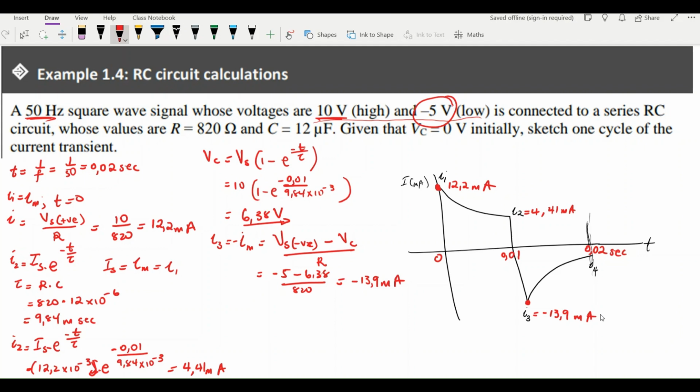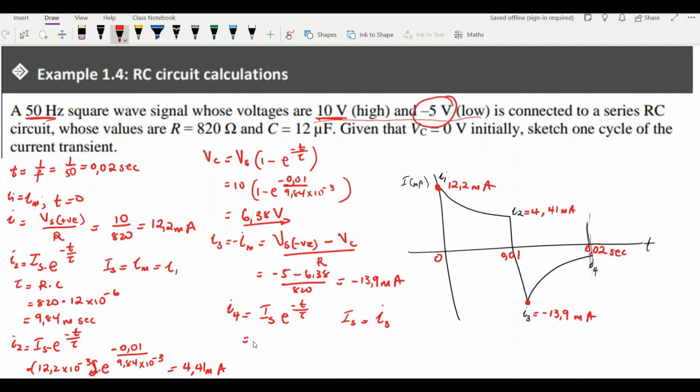Now remember, I said that will be your maximum or your minimum current before going high, right? Now we need to calculate at this point the value of I4. Like I said, this would become the maximum. We use the equation I4 is equal to Im times e to the power negative t over time constant, where Im is I3, negative.